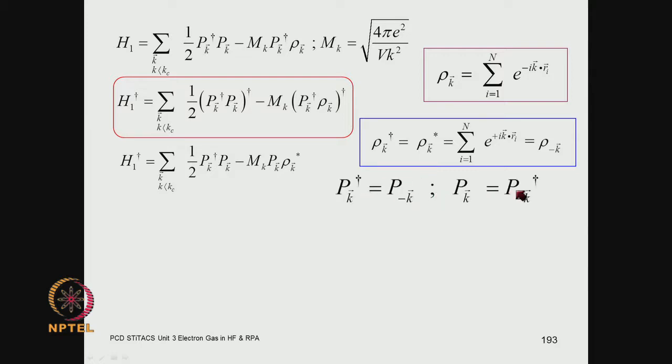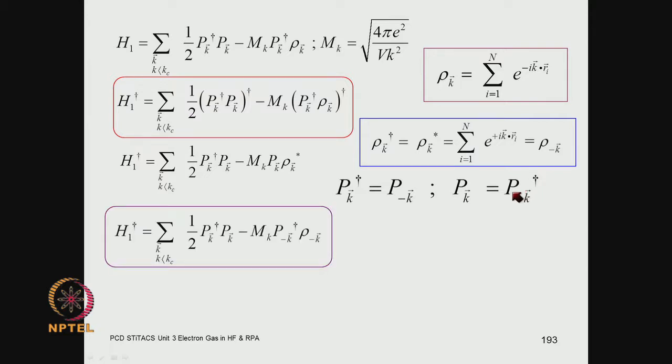We have these relations which we pointed out on the previous slide, that our operators are not self-adjoint, they are not Hermitian, and we take advantage of this and we now write this adjoint Hamiltonian as half p dagger p, which is coming from this term. Here you have minus mk, that is fine.